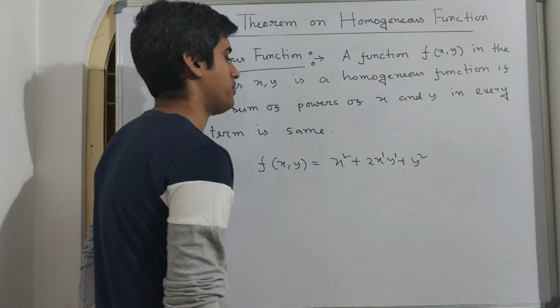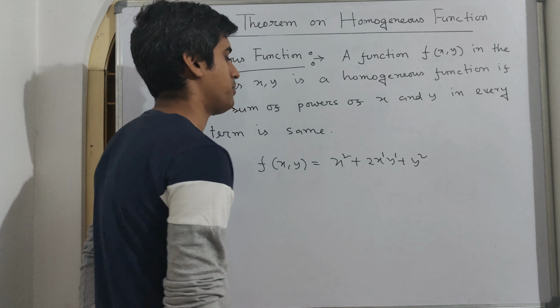We know that when we differentiate u with respect to x, then y square will act as a constant. So del u by del x equals 2x plus 0, that is 2x, and del u by del y will be 0 plus 2y, that is 2y.